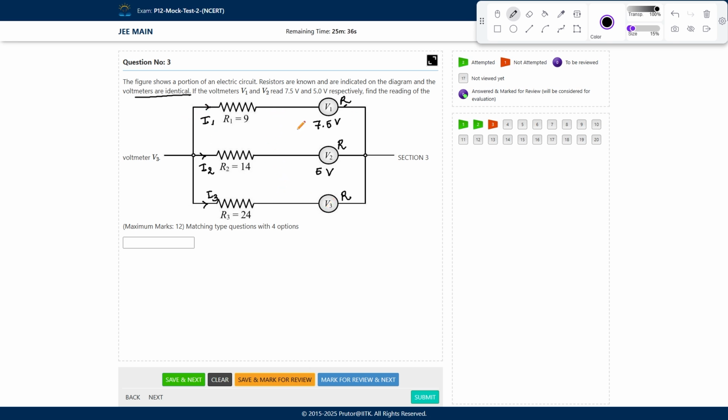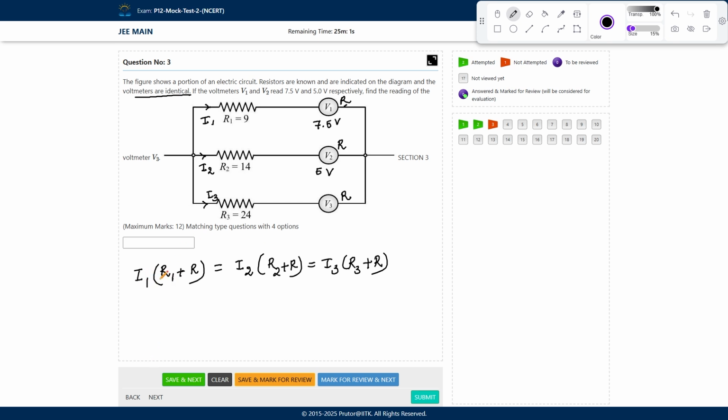So the potential difference across all the branches will be the same. It means the net resistance in the first branch is R1 plus R and the current flowing through it is I1, which will equal the current through the second branch with net resistance R2 plus R, which is equal to I3 times R3 plus R. This is correct.